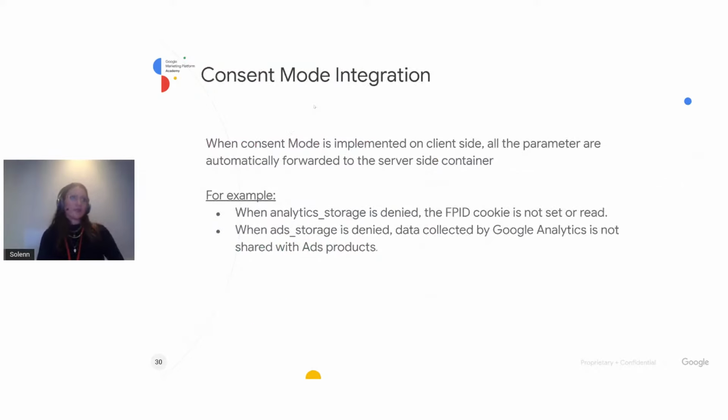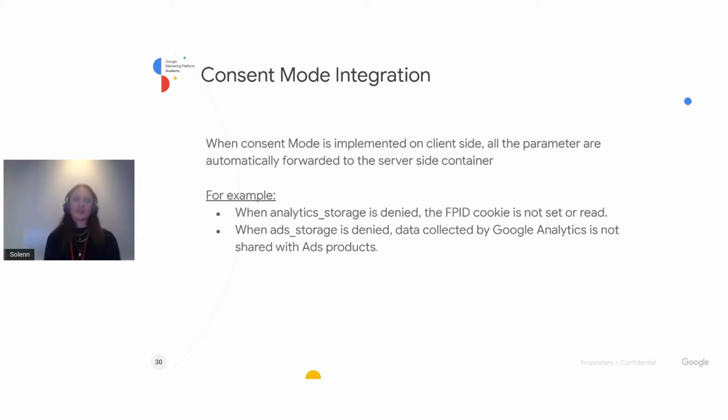Consent mode integration, I think it was also asked as a question. When consent mode is implemented client-side, all parameters are automatically forwarded to the server container. It also works with FPID. When you have the GA4 client-side tag, it passes the information to our server-side container for the FPID.